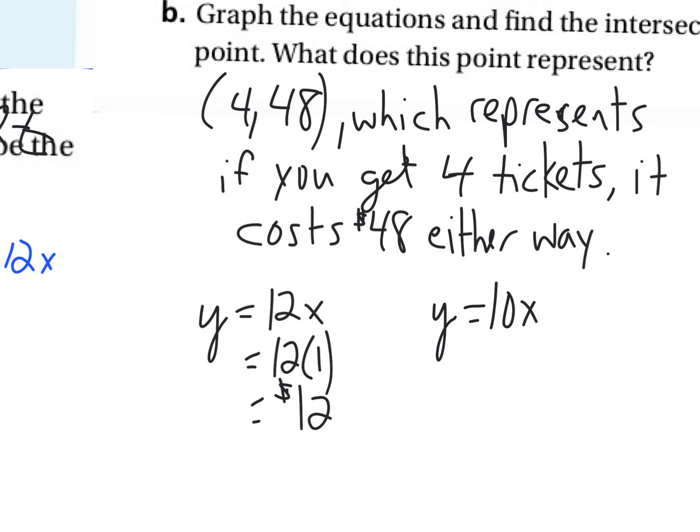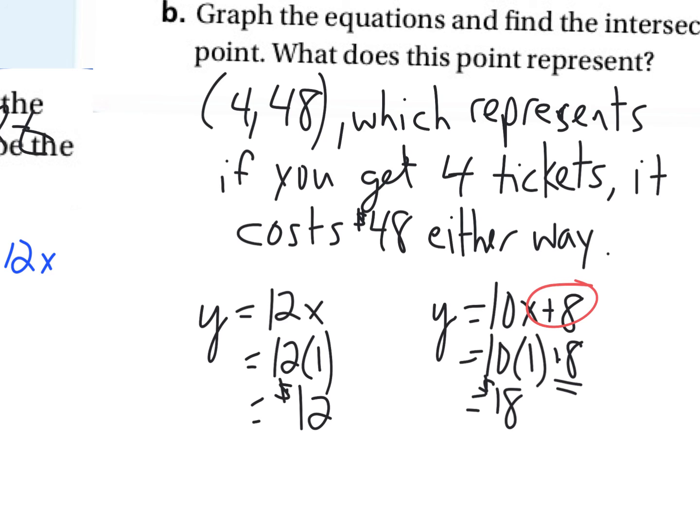And if you bought one ticket online, that would be $18. So that service charge is making it cost more initially. Once you get past 4 tickets, it's like we're splitting up that service charge between how many tickets we're getting. The more we split up that service charge, the less than $12 a ticket it becomes if we get past 4 tickets.